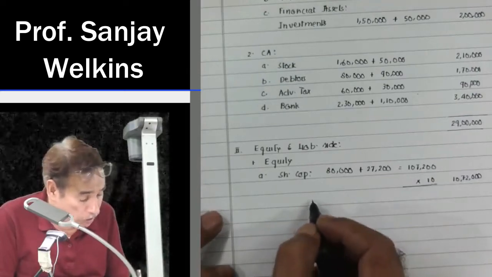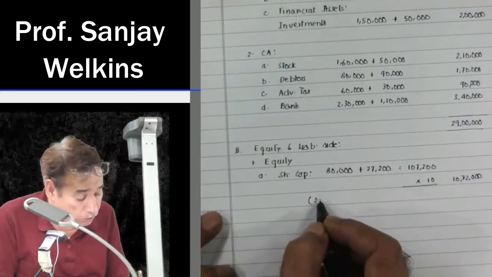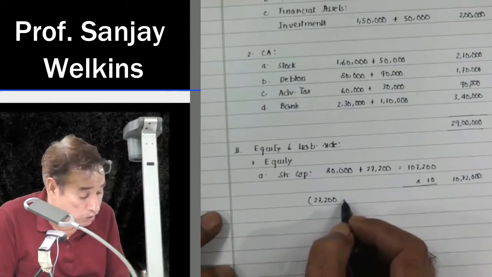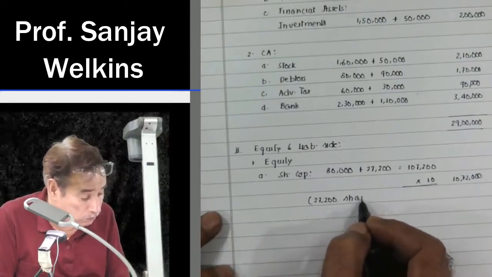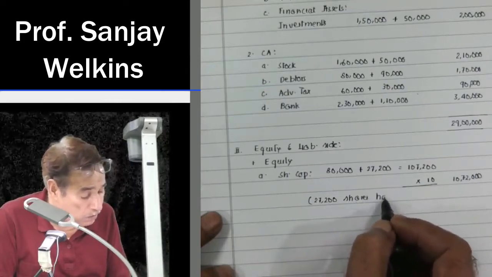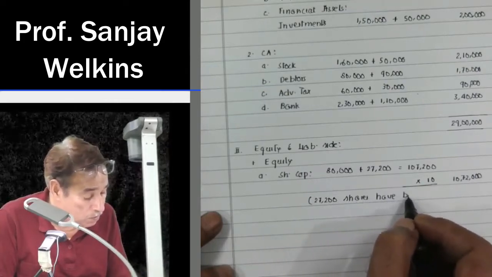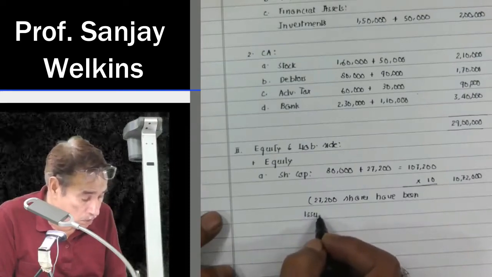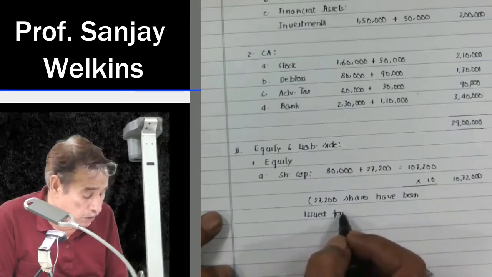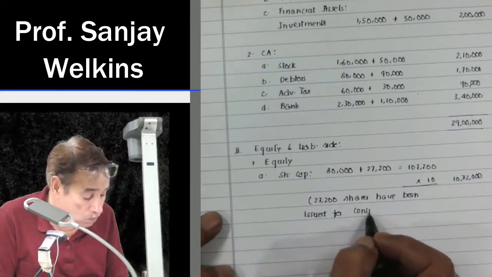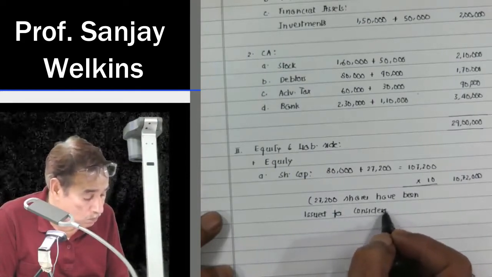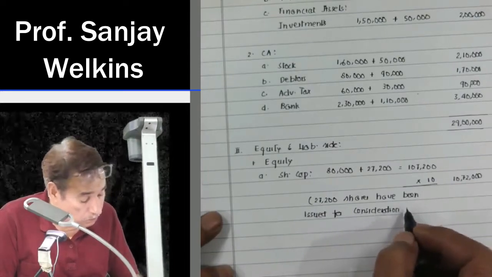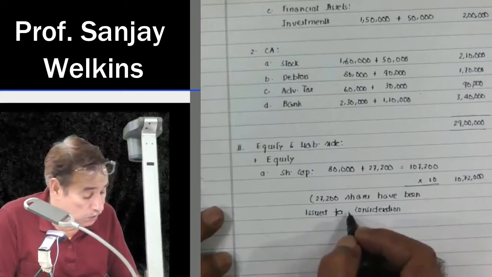However, in bracket you can write, out of these 1,07,200 shares, 27,200 shares have been issued for discharge of consideration.